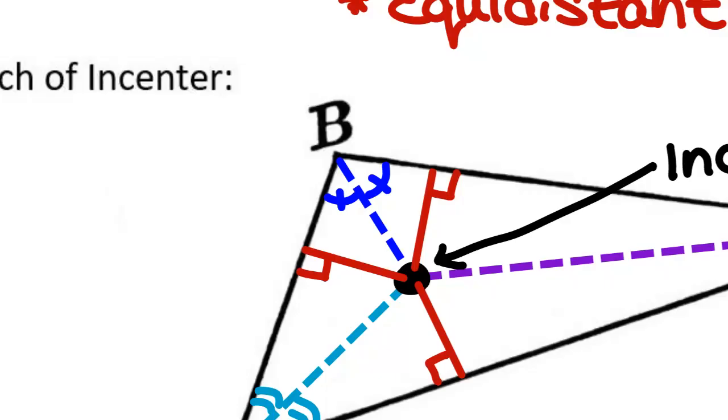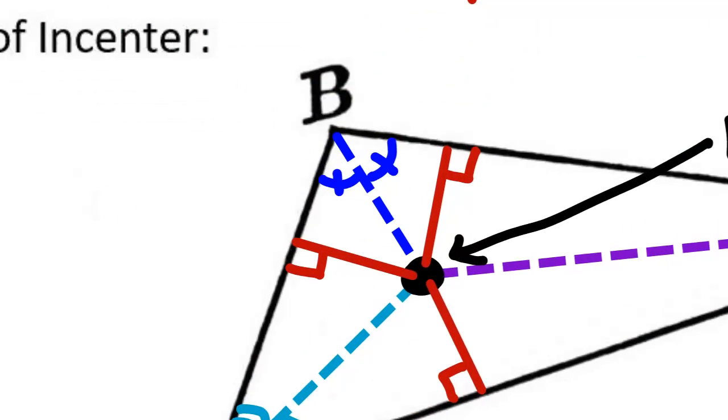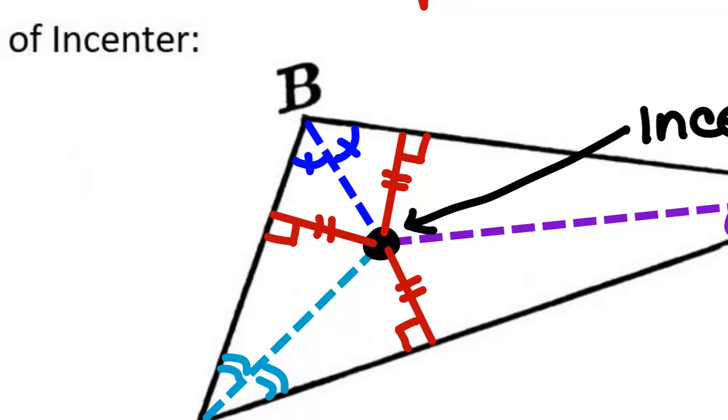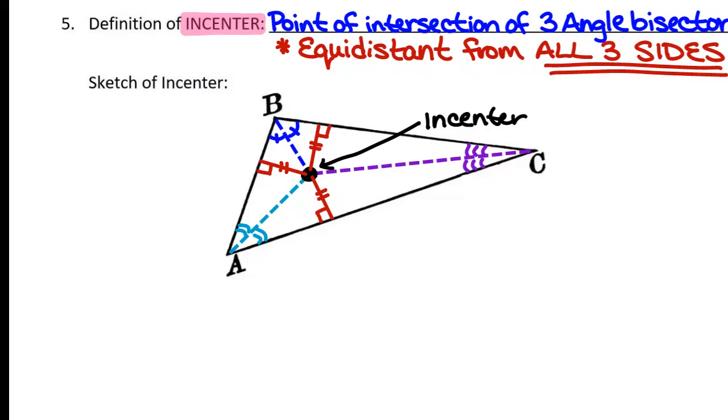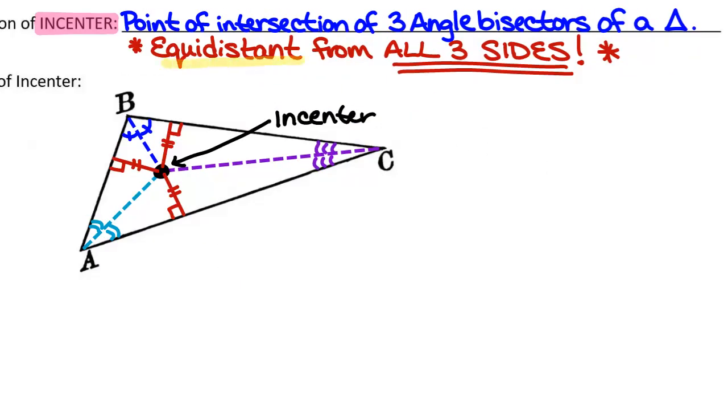Those three segments that go from the incenter to the sides of the triangle are all congruent. That's what this statement up here means. It is equidistant from all three sides. So these three segments are all the same size.